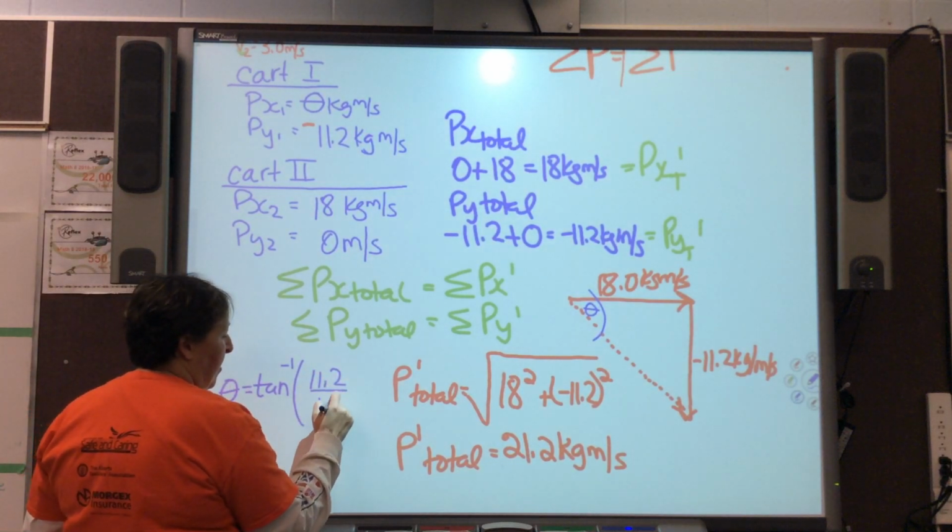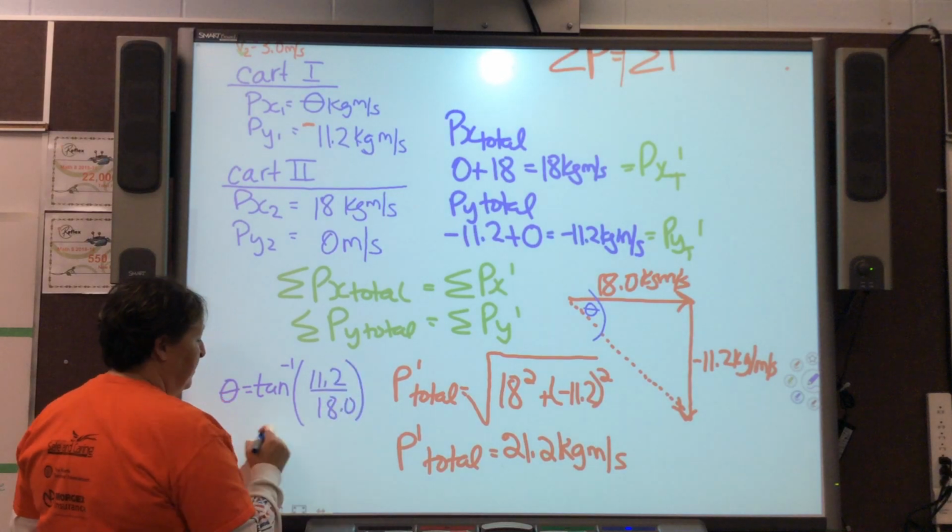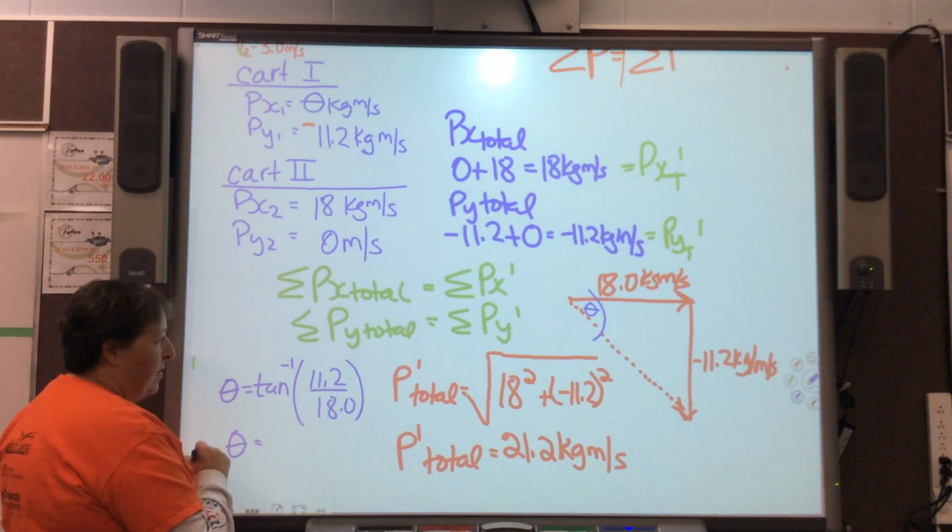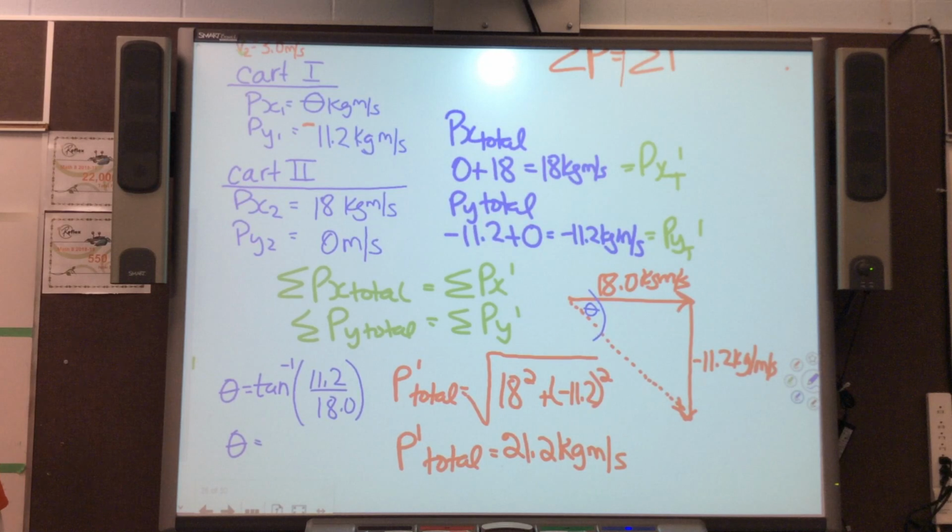Yeah, you take the negative out, it's direction. What do you get, Jada? 32 degrees.